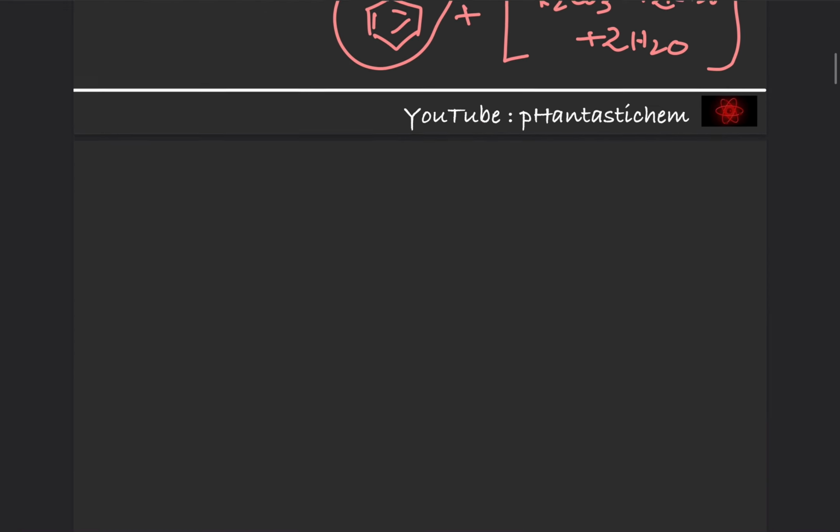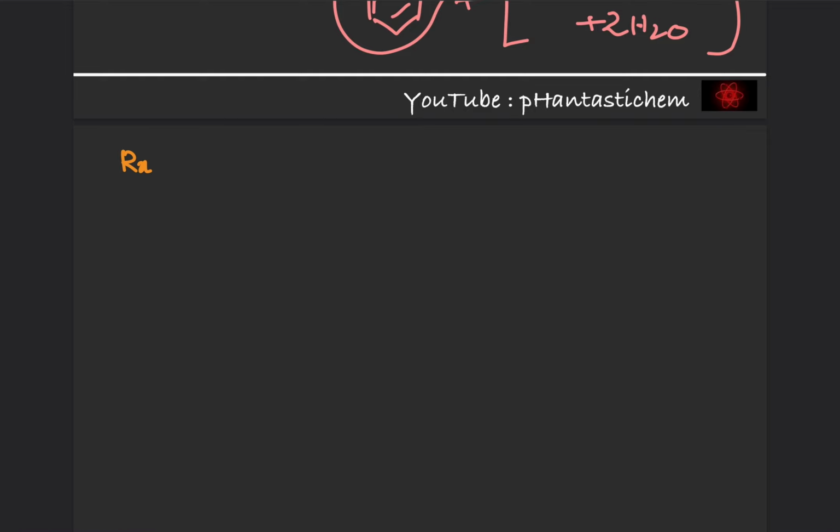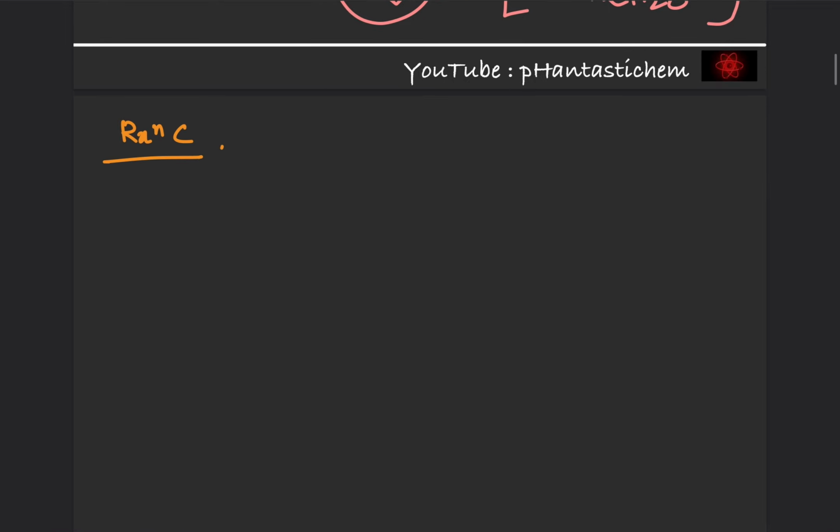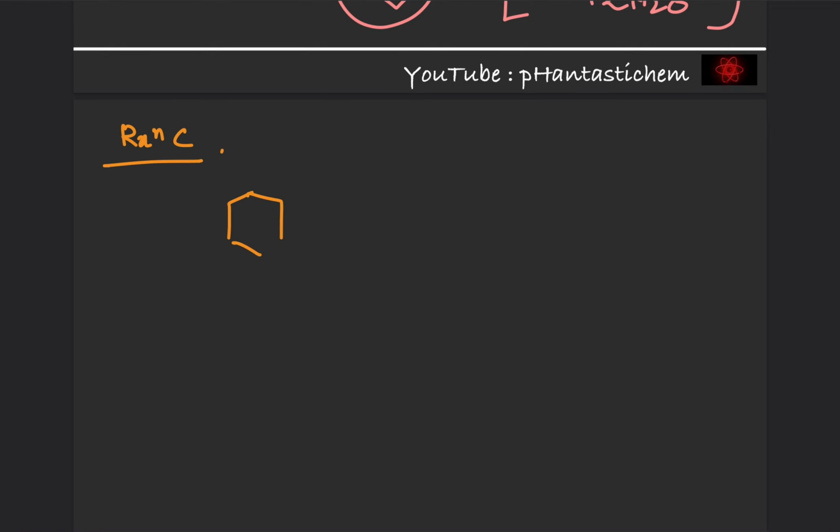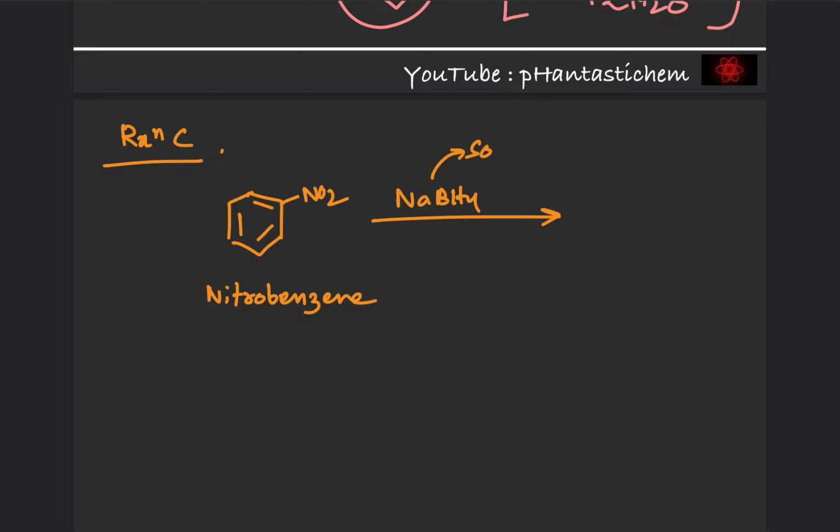Then we have reaction C. Here we are starting with benzene ring connected to NO2, which is nitrobenzene, in the presence of NaBH4, sodium borohydride.